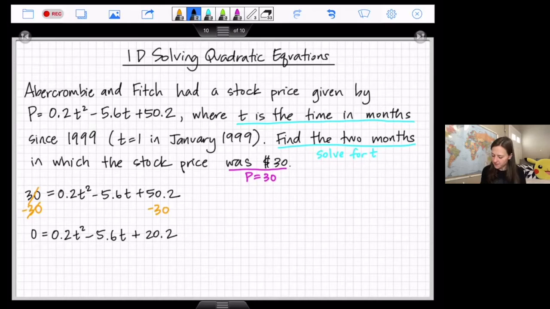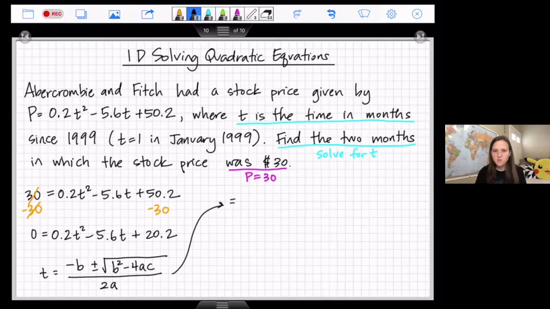All right, so I'm going to remind myself of my quadratic equation. Normally we say x equals negative b. We're solving for t, so this is going to be t equals negative b plus or minus square root b squared minus 4ac all over 2a. And we'll just plug all of our numbers in. So t equals negative b.